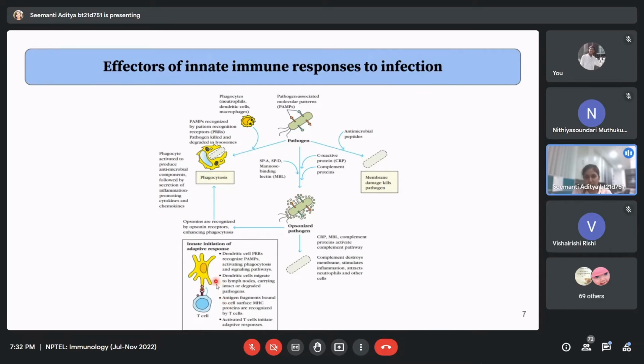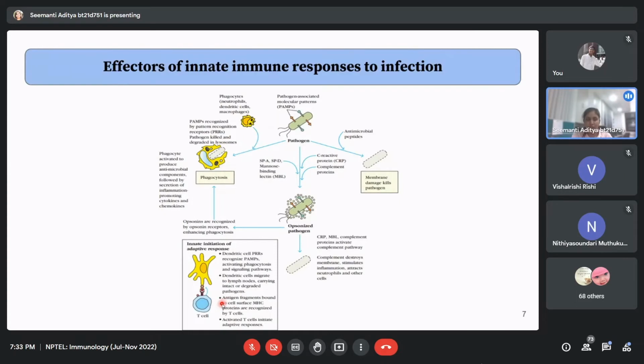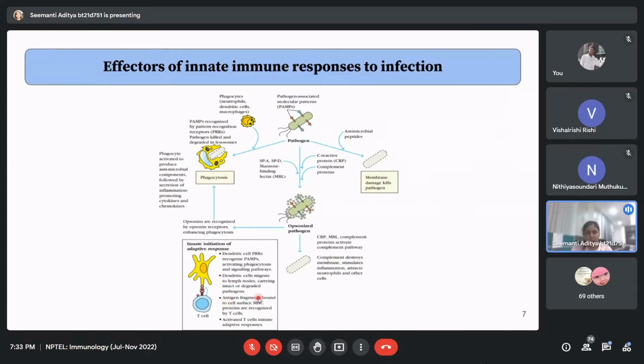B cells do not have the property of phagocytosis. They will undergo phagocytosis and ultimately show the antigen to the T cells. Antigen recognized by the T cell will result in the killing of cells. Cytotoxicity will be covered in the next steps.